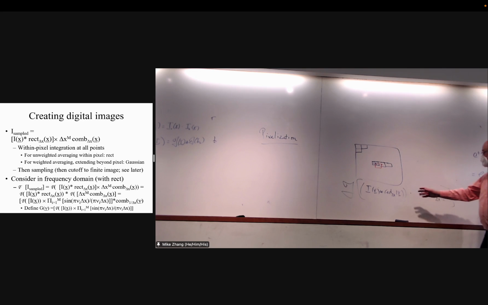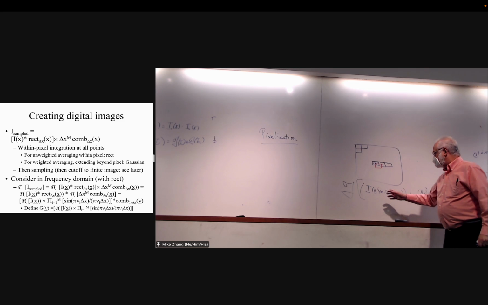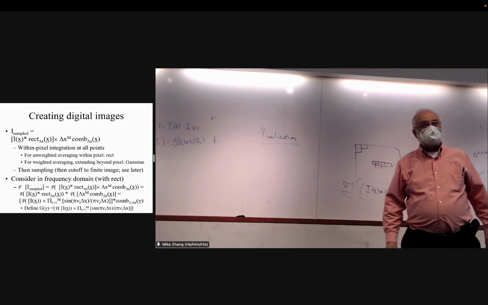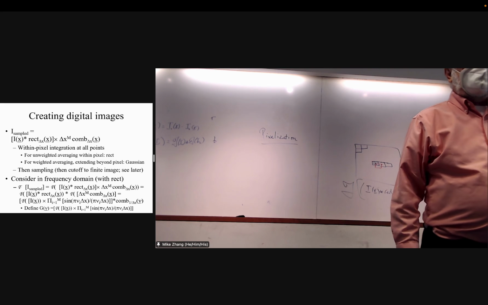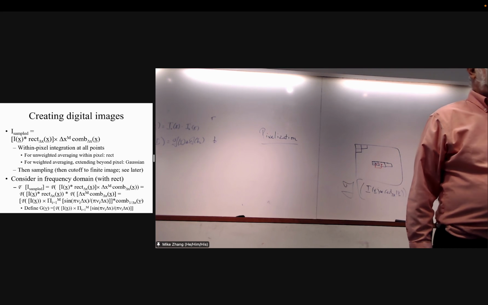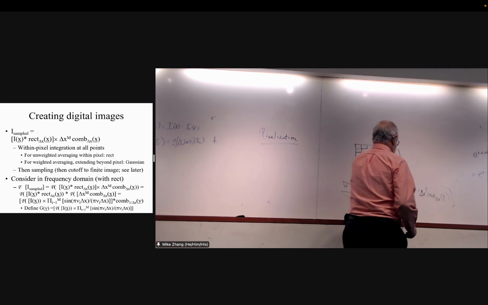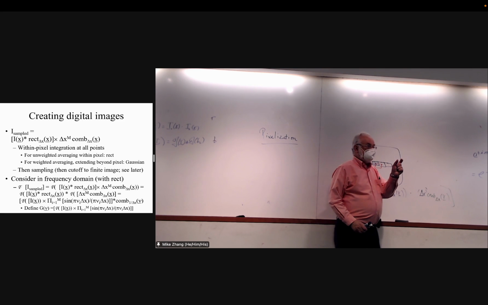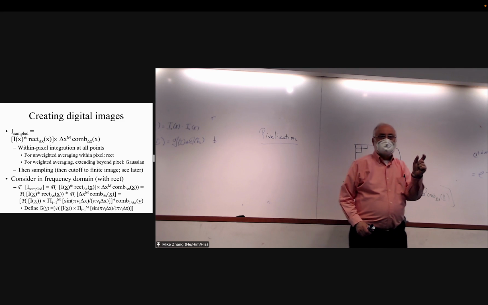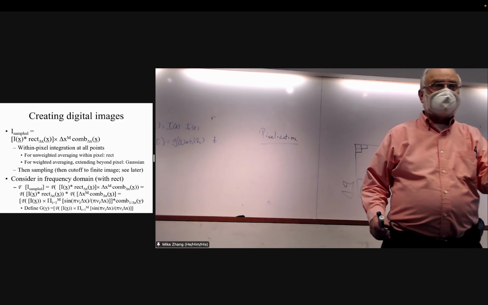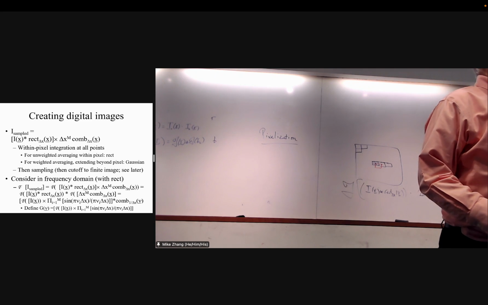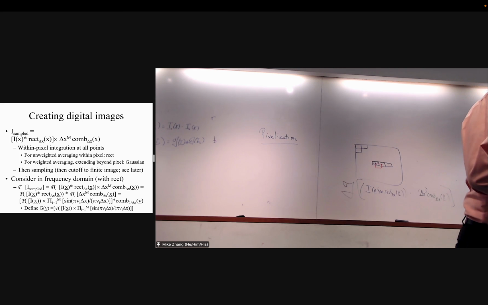The Fourier transform of this product is going to be the convolution of the Fourier transform of this side and the Fourier transform of that side. And the Fourier transform of a comb is another comb with spacing 1 over delta x rather than delta x. Right? In frequency, the spacing is the reciprocal of the spacing in the space domain.